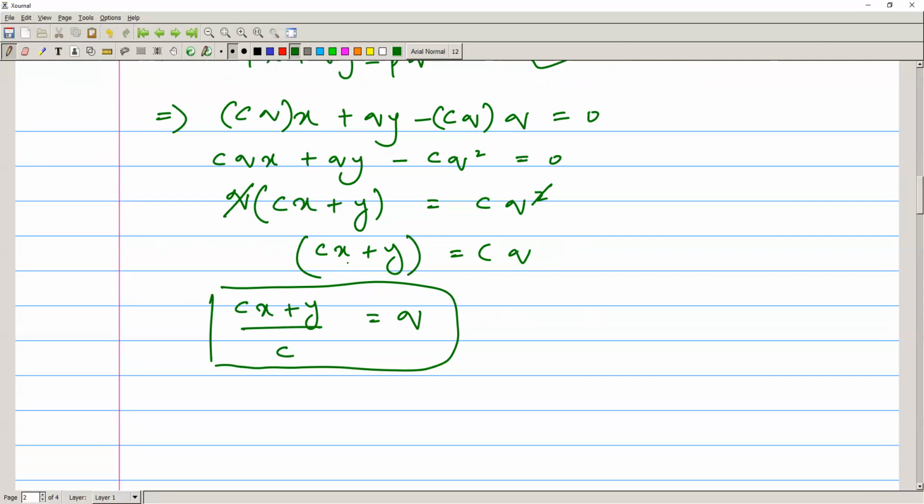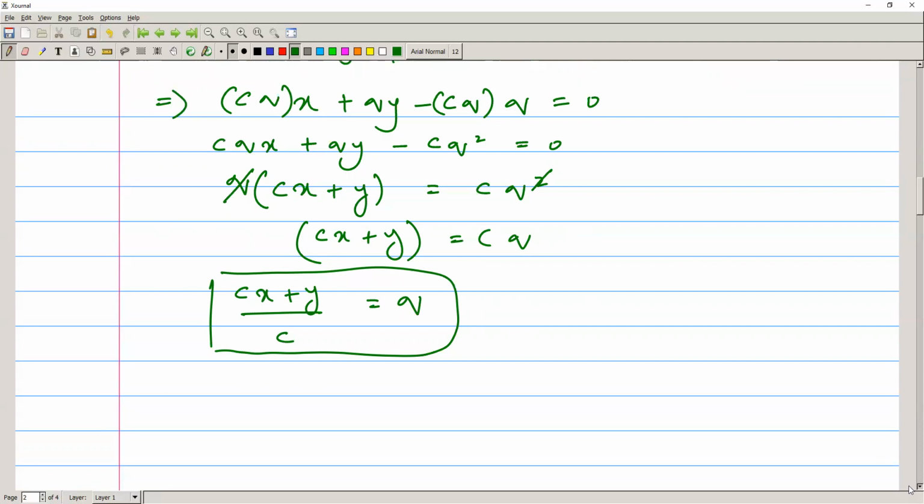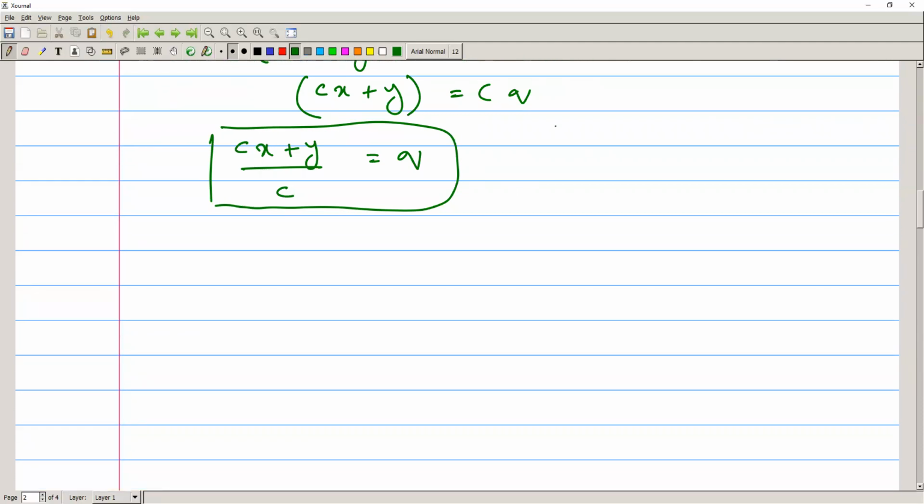So now we have to find p in terms of x and y. What we will do is use the equation p is equal to cq again. P is equal to cq, and we will plug this (cx plus y) over c in place of this q. So we'll find p in terms of x and y.